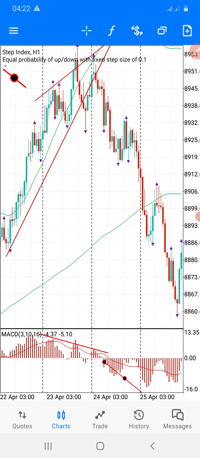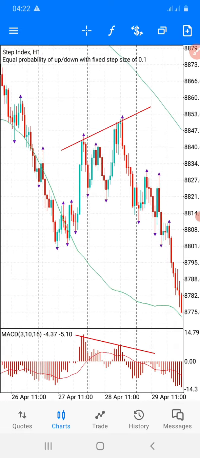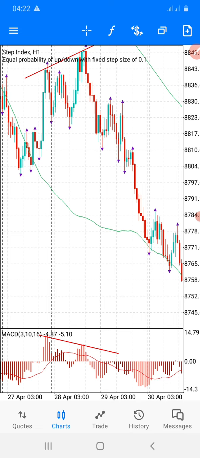Once the histogram begins to form below the zero line, then we make entry and our stop loss will be at the previous high.